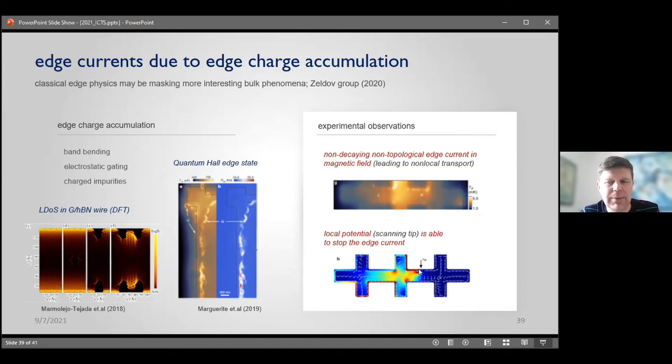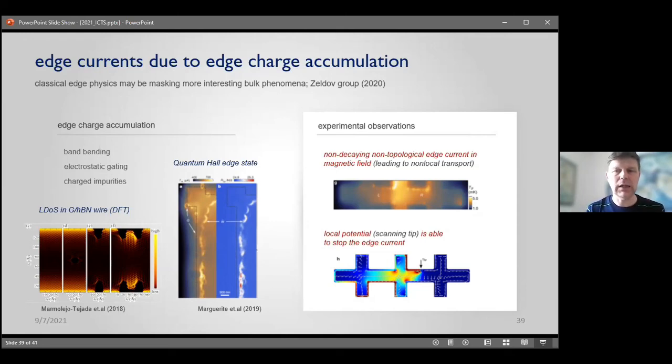Hydrodynamically you would expect that this current simply flows around this tip, such that this tip potential will simply redefine what exactly is the edge for this electronic system, but rather this current stops here and goes off into the bulk.